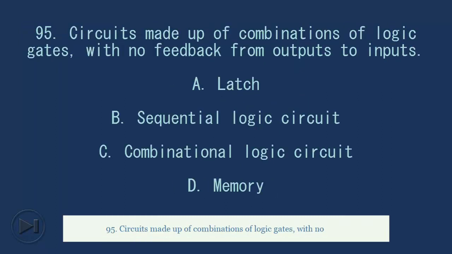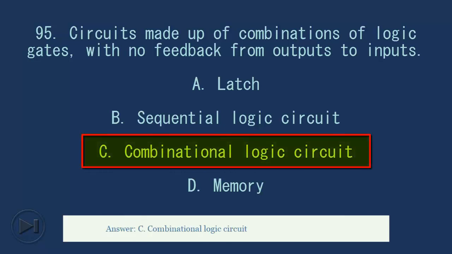Circuits made up of combinations of logic gates, with no feedback from outputs to inputs. A. Latch. B. Sequential logic circuit. C. Combinational logic circuit. D. Memory. Answer, C. Combinational logic circuit.